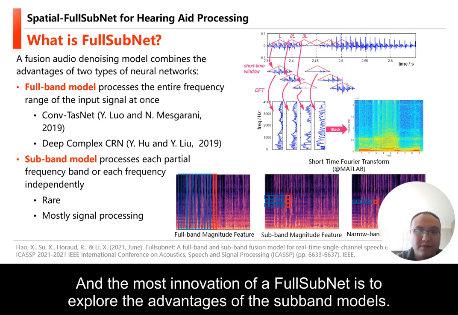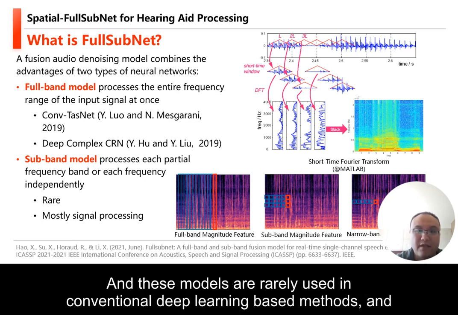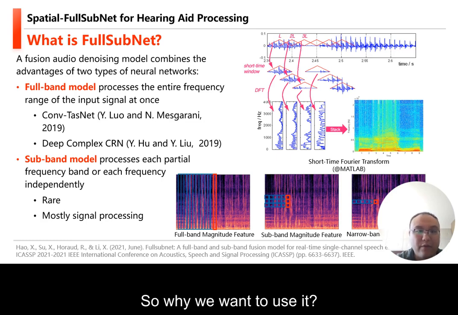The subband model processes each partial frequency band, or each frequency, independently. These models are rarely used in conventional deep learning based methods, and are mostly used in conventional signal processing algorithms, like beamforming or power spectral density estimation algorithms. So why do we want to use them?